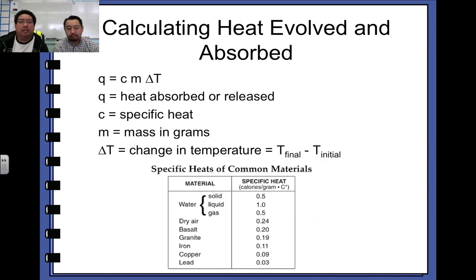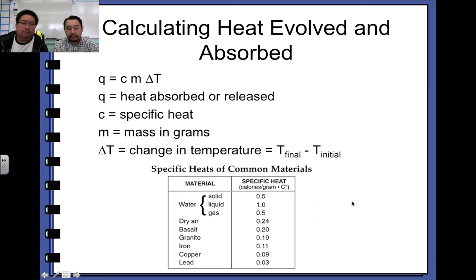So, how do we calculate this kind of stuff? We can quantify and use specific heat for the following equation, where Q equals C times M times delta T, where Q is the heat, C is the specific heat, M is mass in grams of the substance, and delta T is change in temperature, where it's the final temperature minus the initial temperature.